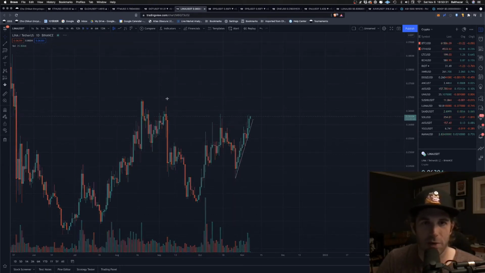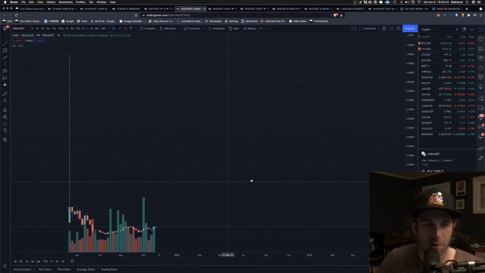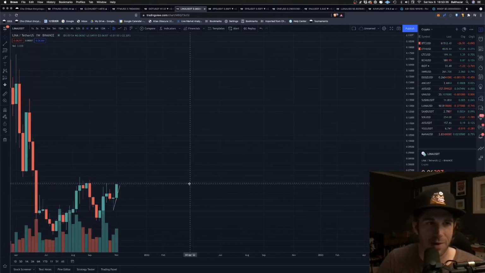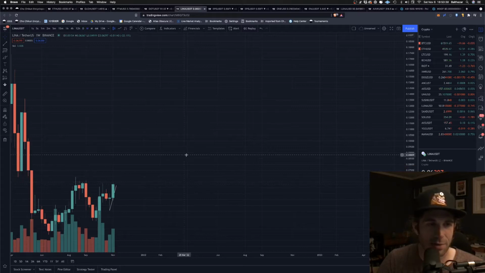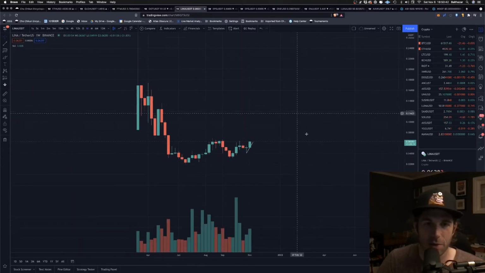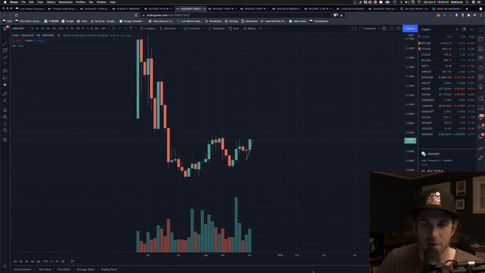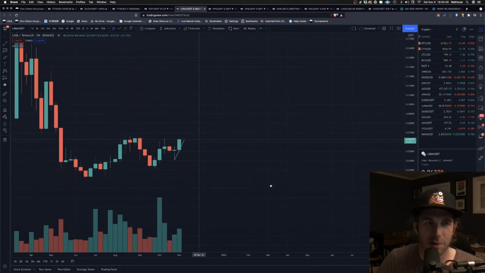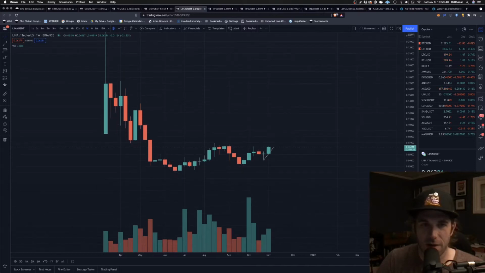If we zoom out all the way to the weekly, I think we're going to see a little bit more clarity, except for that one giant candle that is just ruining everything. Let's do kind of a manual adjustment, so that it's a little bit clearer and we don't have to deal with that one crazy candle.